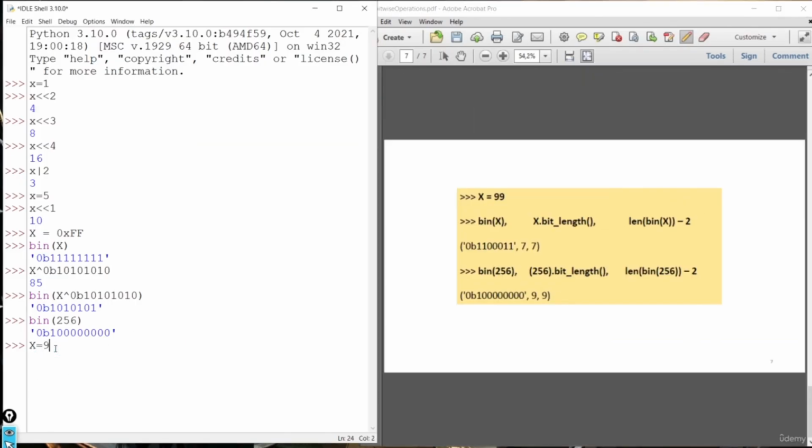Capital X equated to 99, and let's see its binary equivalent first.